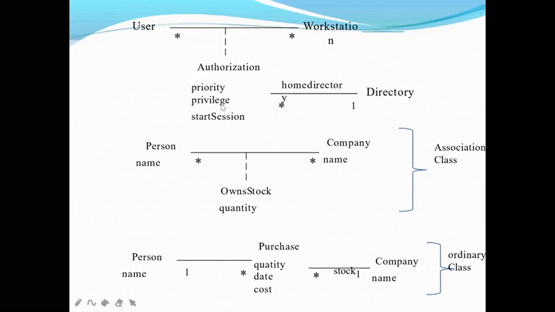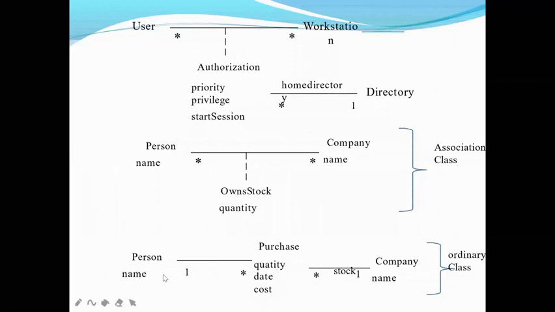Here is one more example, the privilege stations. You can see the multiple to one relationship is there. Here multiple to multiple is there. This is my association class because the dashed line is present. So this is my ordinary class, just to have the relationship. This is a class name, this is one more class name, this is one more class name.